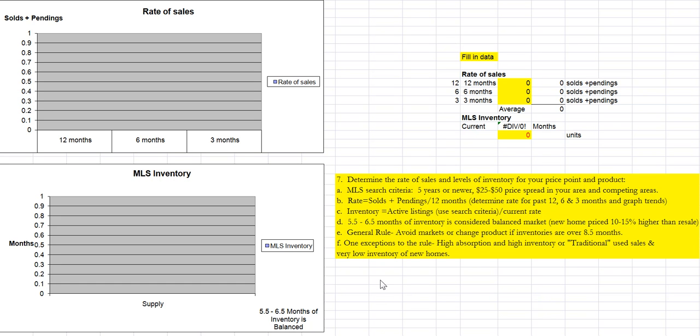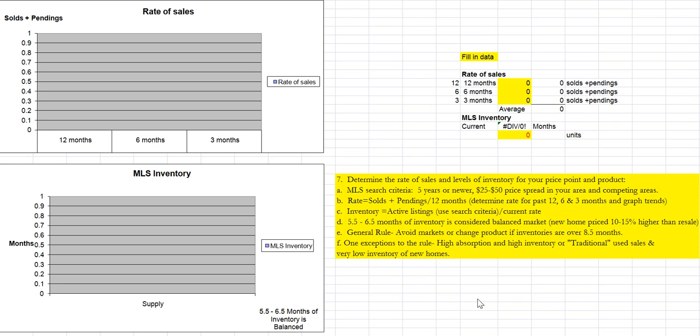Now, here's the exception to that rule. If you've got a high absorption rate and a high inventory of traditional used sales, so I'm not talking lender mediated, bank owned, or short sale, but traditional used sales, and a very low inventory of new homes. For instance, I have one client that's doing more infill, and we figured out there's 12 or 13 months supply of used homes in the price point that he's going after.